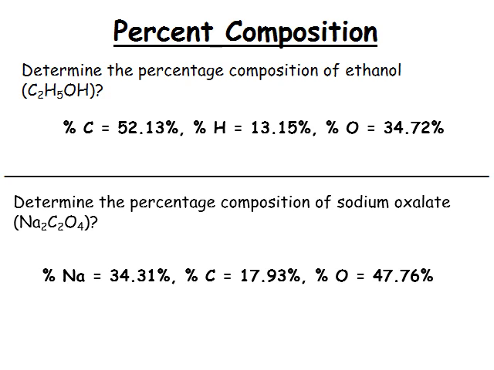The percentage of carbon was 17.93%, and the percentage of oxygen was 47.76%. Hopefully you're getting these correct. If you're not, you need to go back through the video and your notes and determine where you're making the mistake and correct it so you can improve and get these right when it comes to the exam.